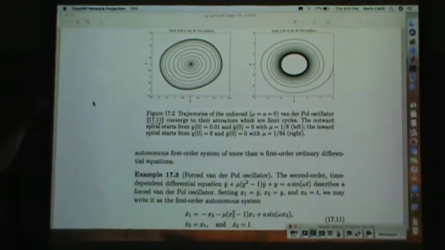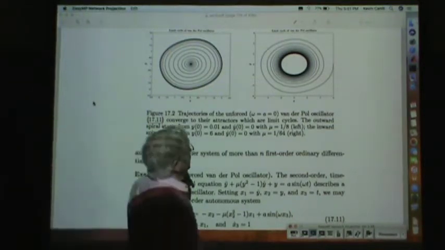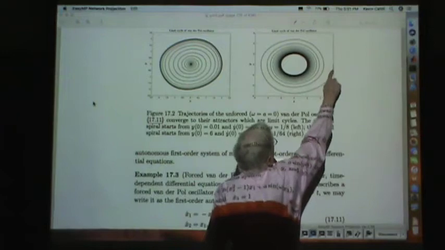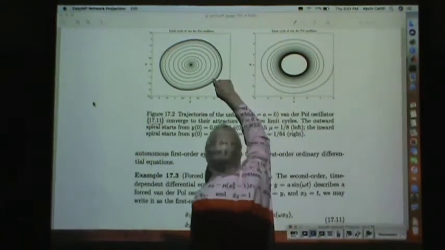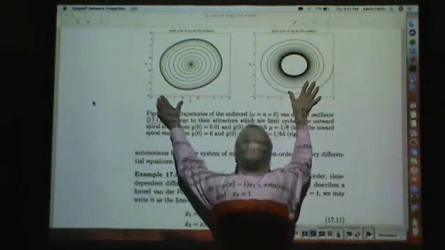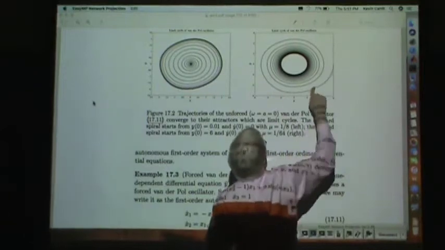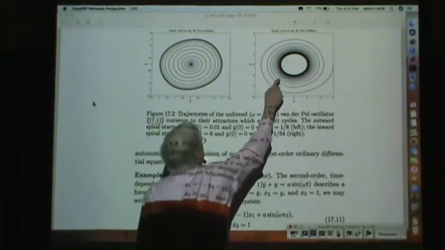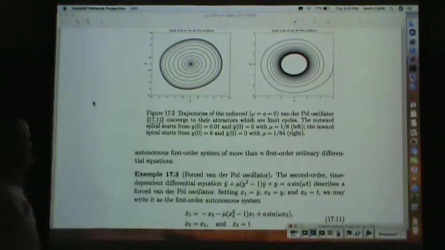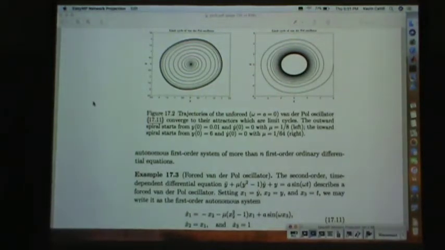It converges to a line, and that's a limit cycle. Moreover, if you start outside this limit cycle, the scales here are different. Outside the limit cycle, it spirals in and then converges to the same limit cycle. That thing is called an attractor.